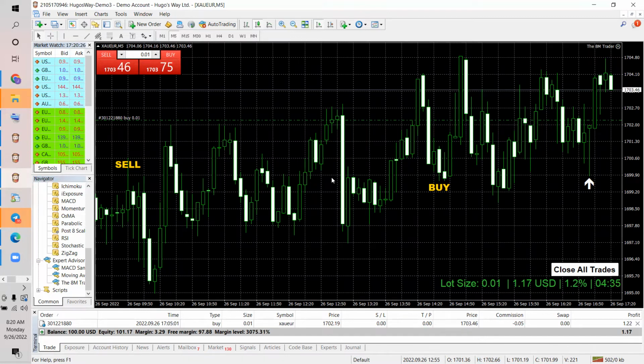And so we've established that for the pairs I've been doing so far. For every $100 that's in my account, I have been adjusting the lot size to 0.01. And then, okay, when do I enter a trade? When do I exit a trade? That's another separate question that has to be answered as well.